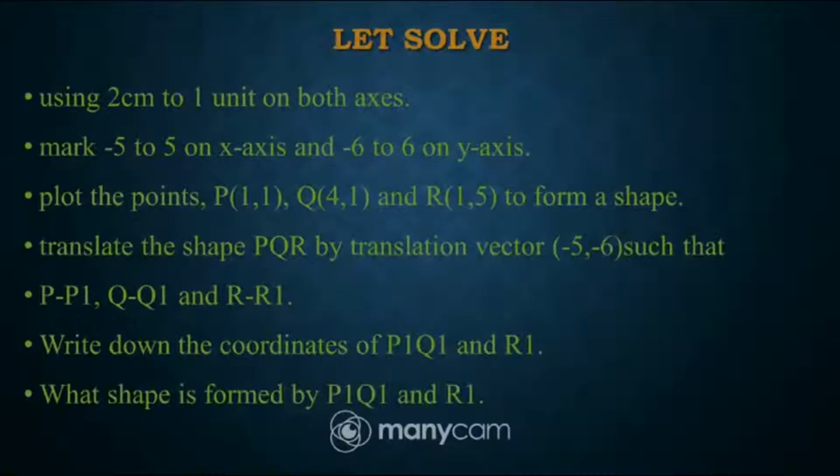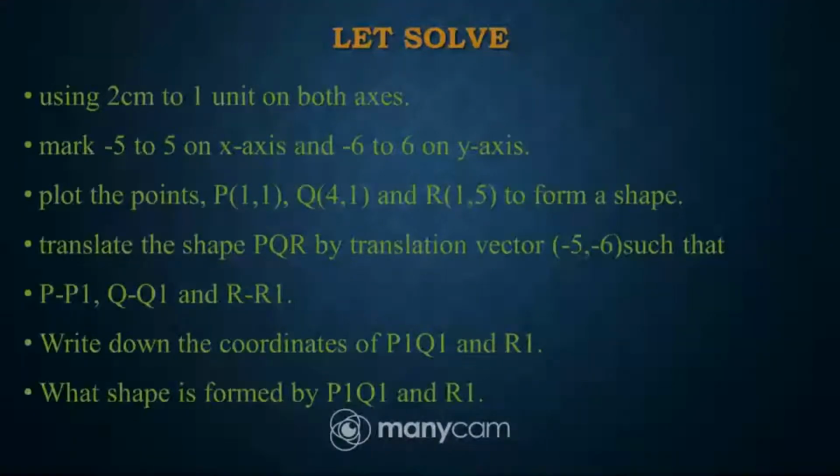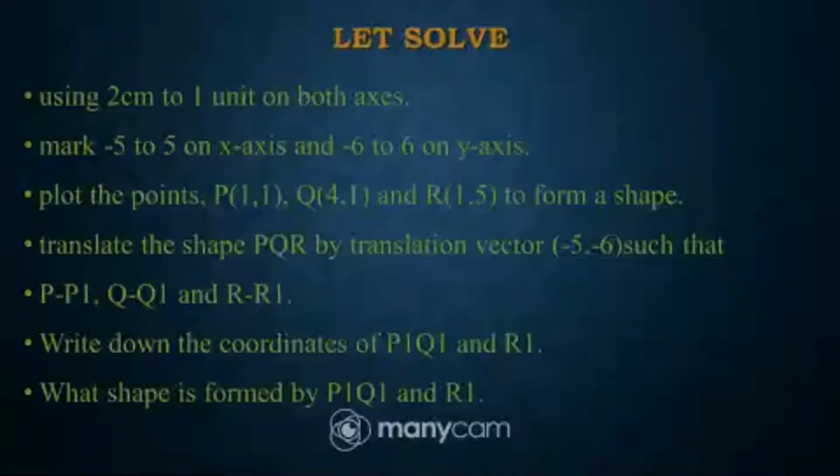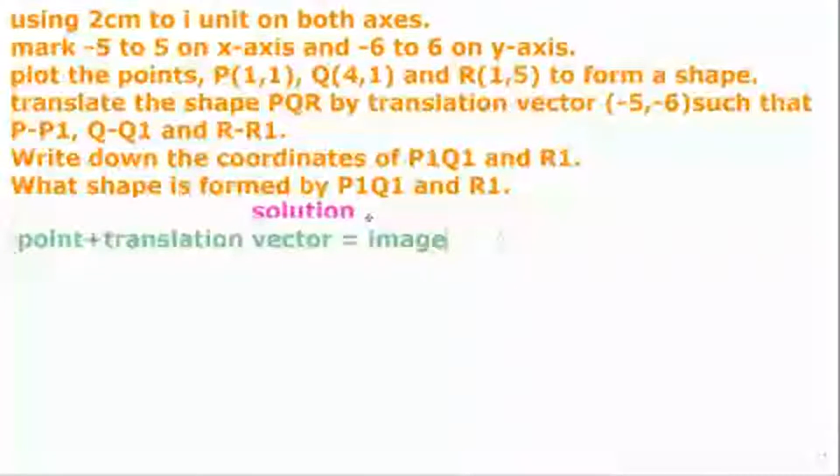The same applies to the y-axis: -6 to +6. The end of the negative side of the y-axis must end with -6, and the positive side must end with +6. That is the format that you are going to use for all.